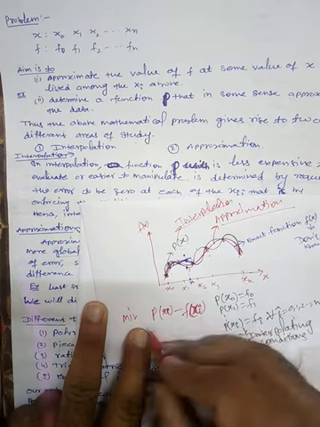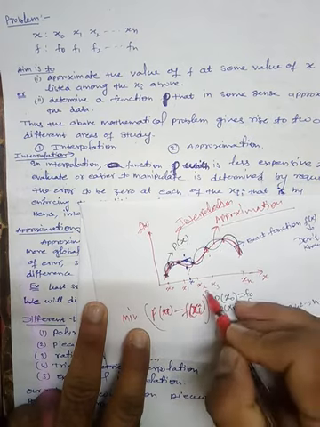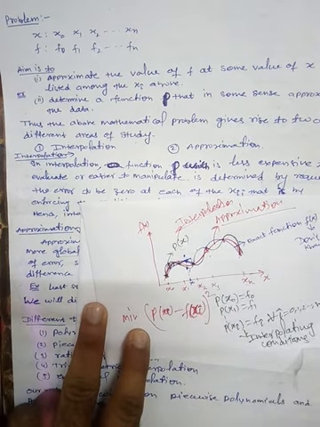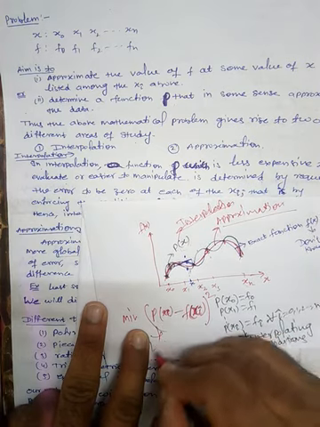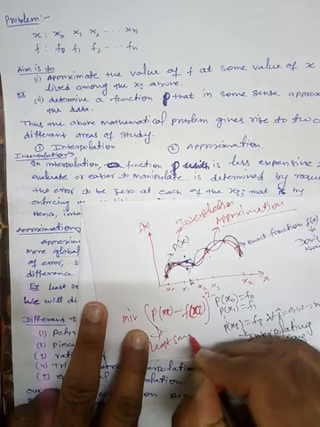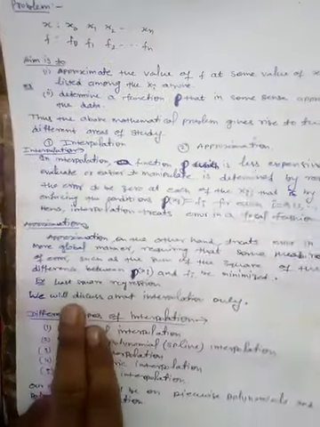If you minimize, for example, the square, then we have the least square method. This is one of the ways.